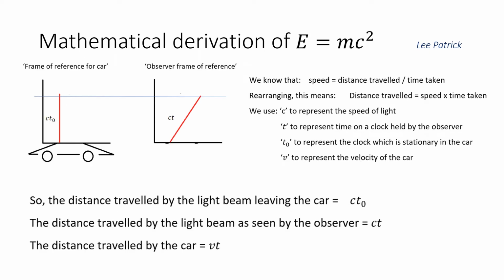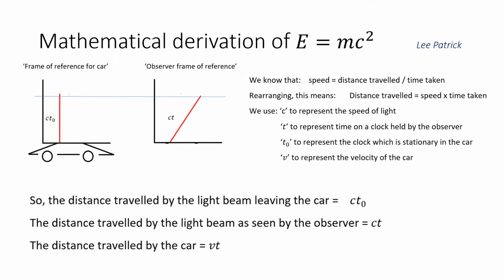We know that speed equals distance travelled divided by time taken. Rearranging, this means distance travelled equals speed times time taken. We use c to represent the speed of light, t to represent time on a clock held by the observer, t0 to represent the clock which is stationary in the car, and v to represent the velocity of the car.